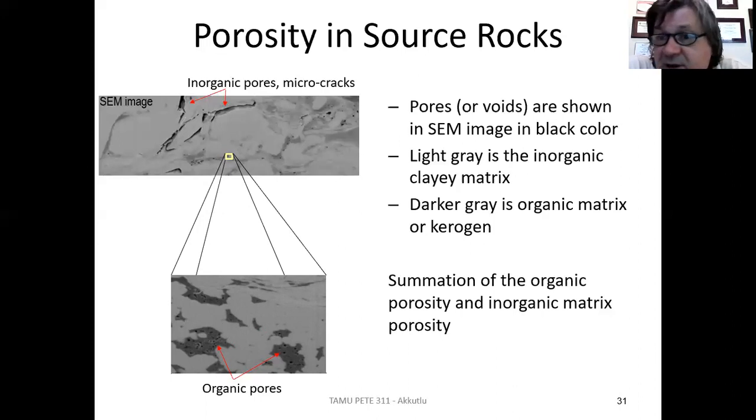So this makes the pore structure of the source rock multiscale. There is a nanoscale organic pore network, and there's this micron scale inorganic pore network. They interact with each other, adding up to the total porosity of the system.